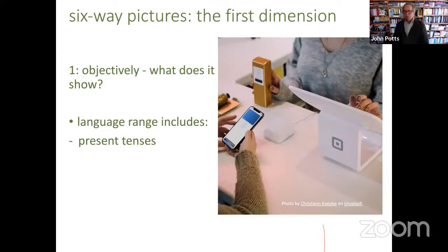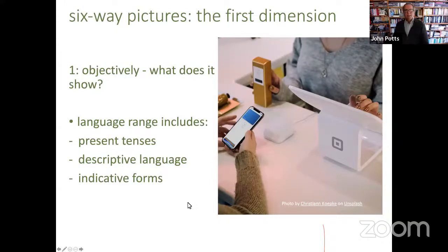She is using a touchscreen. She is holding a phone. They'll use descriptive language. It looks very modern. I think it could be at an airport, duty-free shop. We're going to use lots of indicative forms. What we can see, it is this.